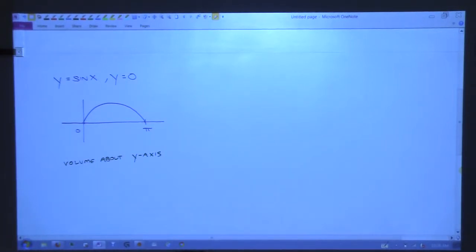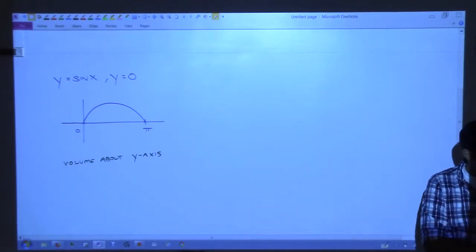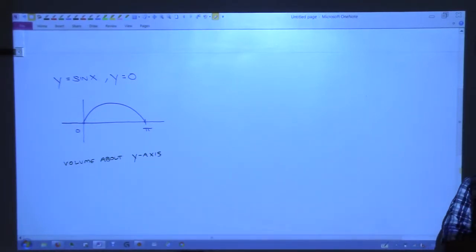I want you to think about it because this is a good question. When you make the rectangle, it has to go. If this was the x-axis, we'd be done by now. This would be over.